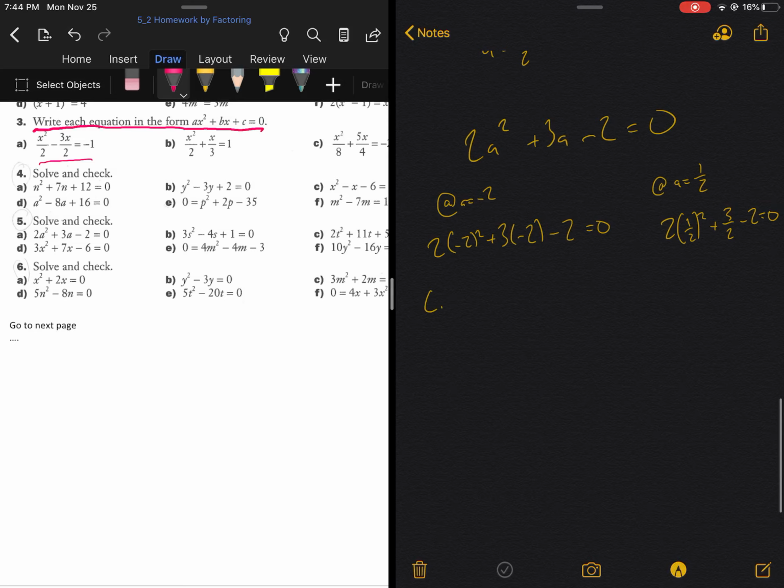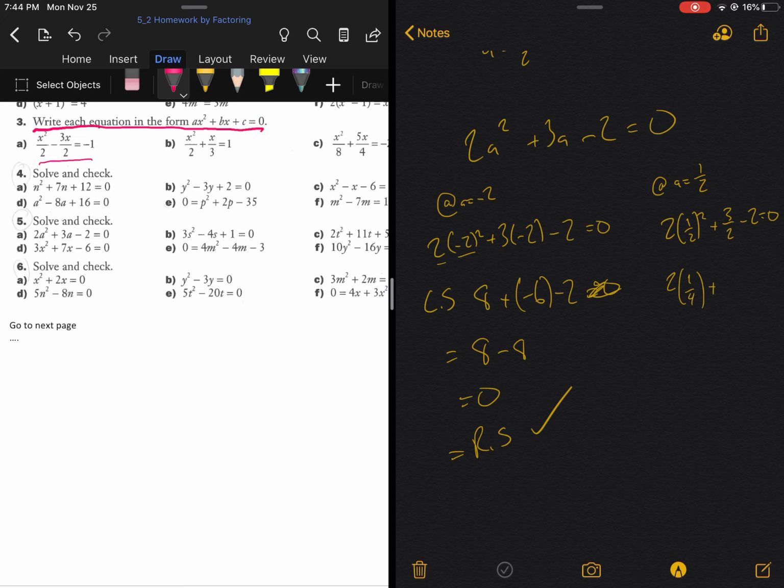Left side equals, what's 2 squared? 4. 4 times 2, 8. Plus minus 6 minus 2, which is equal to 8 minus 8, which is equal to 0, which is equal to right side.